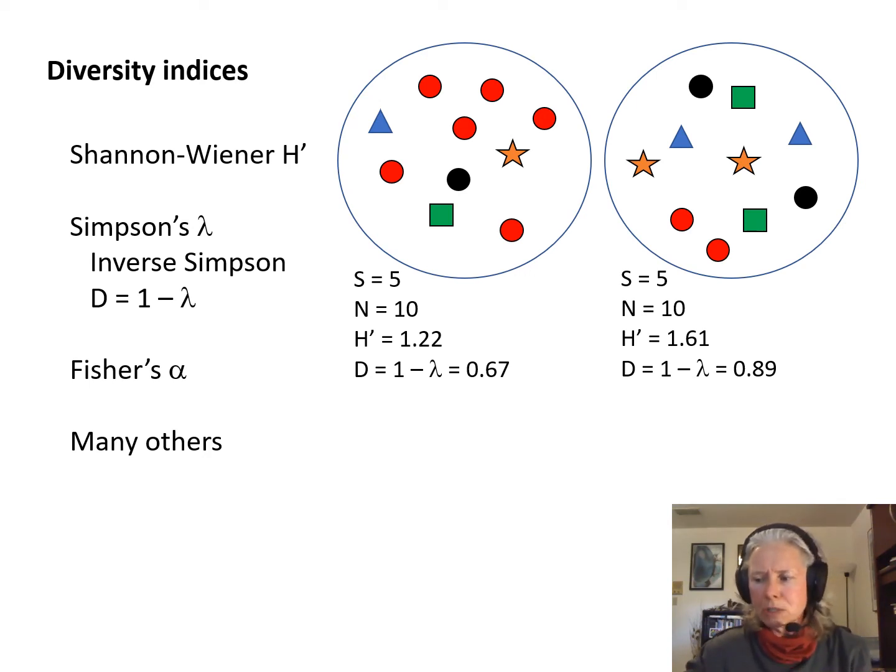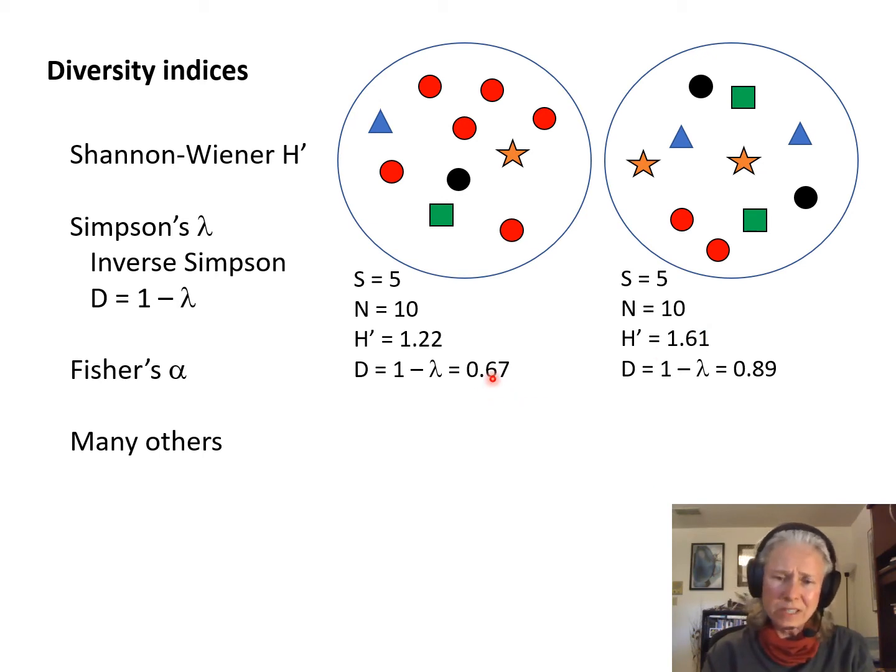Now, when I mentioned that one of the problems with these metrics is that they're difficult to interpret, what I mean is this. 1.22, there's no units to this, and D equals 0.67, there's no units to this. Is 1.22 really different from 1.61?